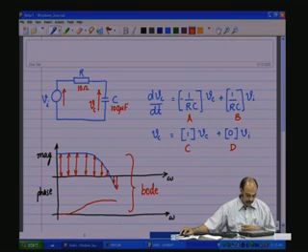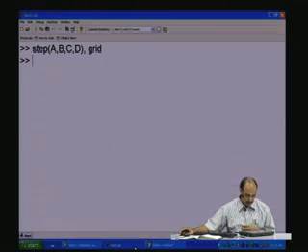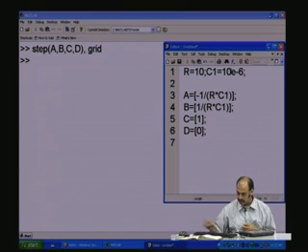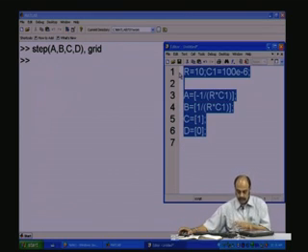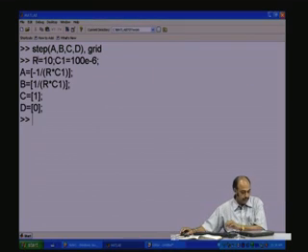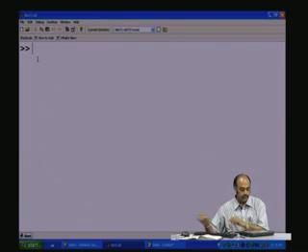So, now we go to the MATLAB domain. We already have the ABCD matrices as given here. We again start with, let us say, 100 microfarad, the earlier one, copy that, let us paste it, we have the model. And now we want to see the frequency response.